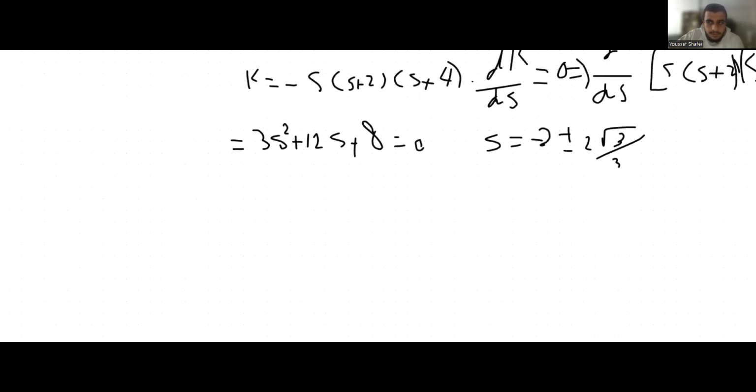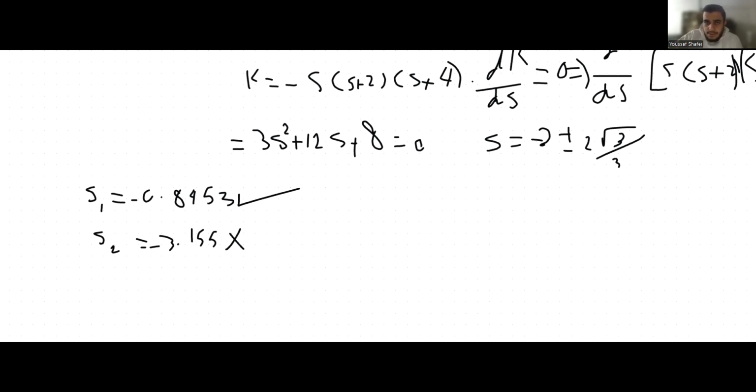So s1 will be equal to negative 0.8453, and s2 will be equal to negative 3.155. We will probably take the first one.